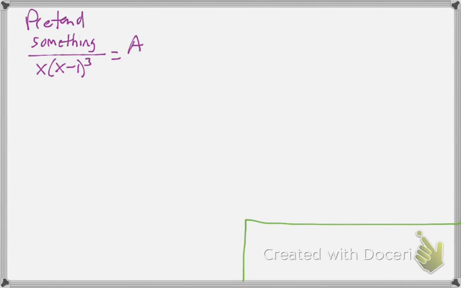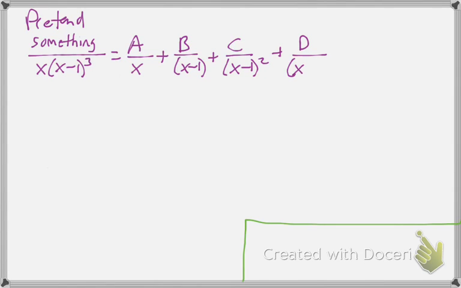Then you would have to have a over x plus, and then you need to build up to that x minus 1 cubed. So it would be b over x minus 1 plus c over x minus 1 squared plus d over x minus 1 cubed. So you need one of each of the previous powers.